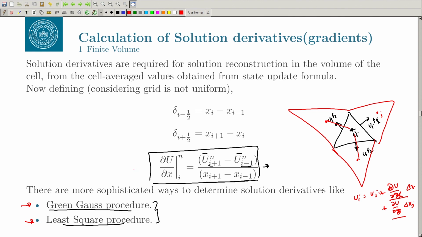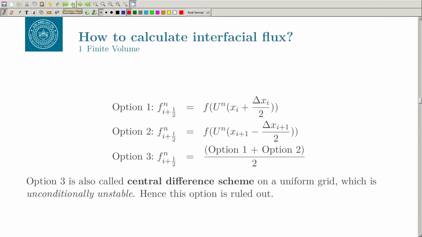So, now you got the gradient del u by del x, and you can calculate the value of, let us say, u at x I plus delta x I by 2, right. So, this is my I and this is I plus half, right.